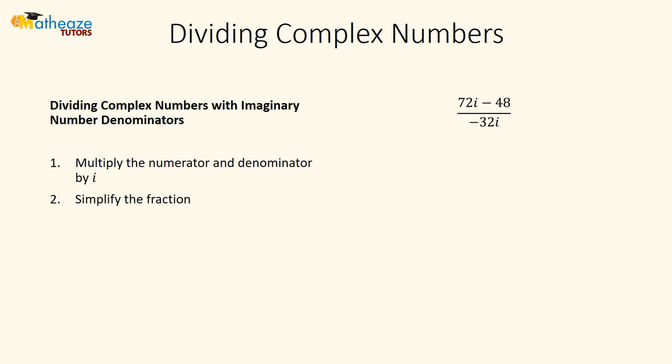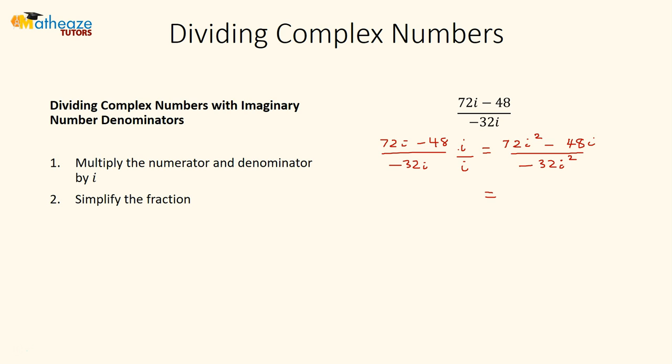Let's try this example here. 72i minus 48 over negative 32i. Going to multiply numerator and denominator by i. That's going to give us 72i squared minus 48i over negative 32i squared.